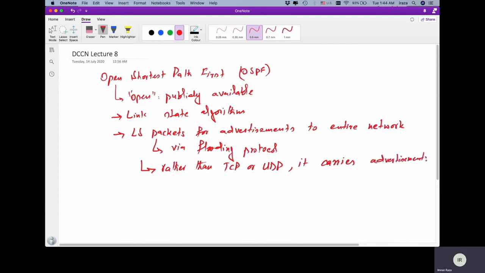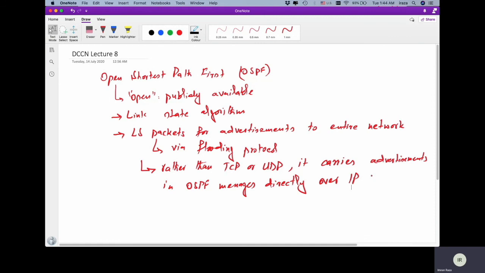Rather than using TCP or UDP, which is the case in other routing algorithms and protocols, it directly carries OSPF messages over IP, right?